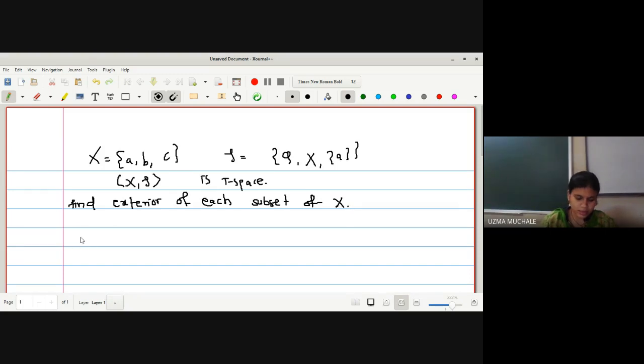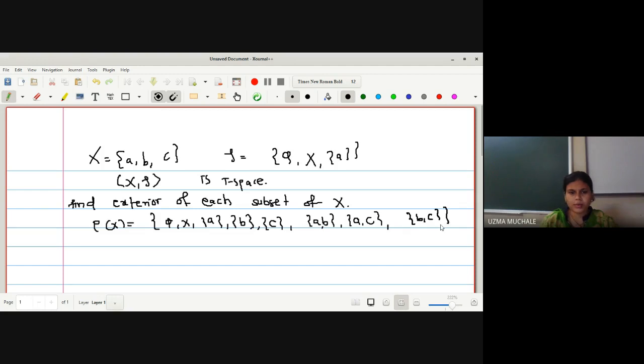Now let us see how to find this. In this case, what is the power set of X? Can anyone tell me? So this is your power set of X. It contains 2 raised to 3, that means it contains 8 elements.